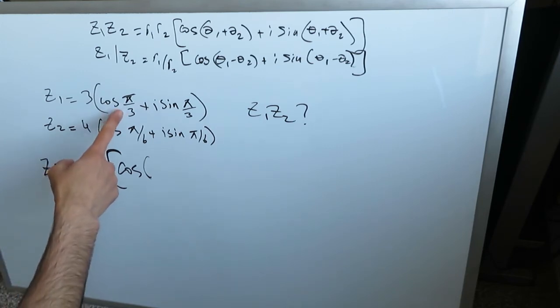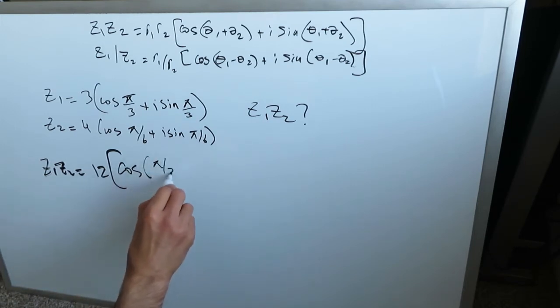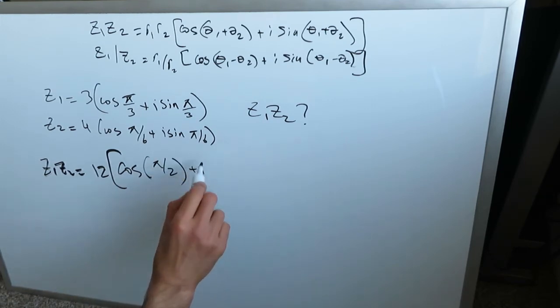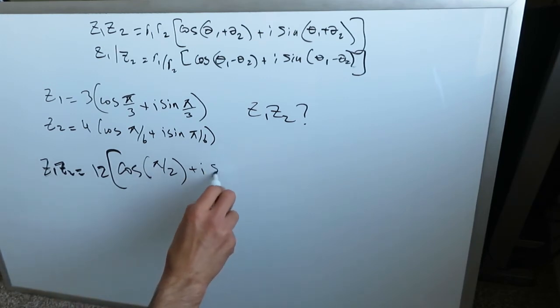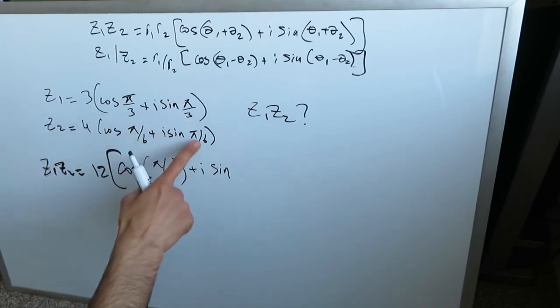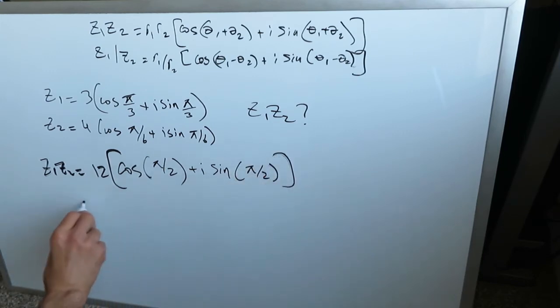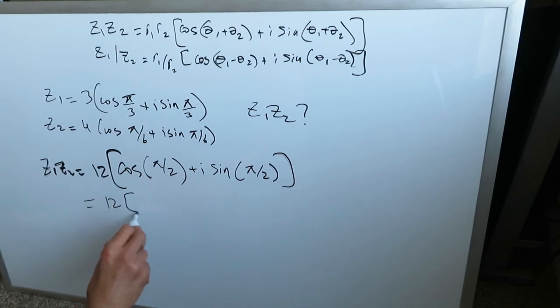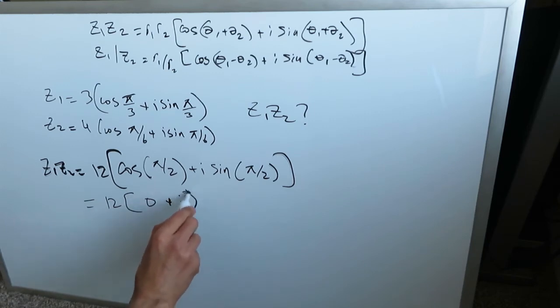Pi over 3 is 60 and pi over 6 is 30, which gives 90, pi over 2. You could do this on the calculator. For the interest of time and space, I'm trying to skip some steps over here. Pi over 3 plus pi over 6 again is 90, and it's pretty much easy from here. Cosine of 90 is always 0. Sine of 90 is always 1, plus i.